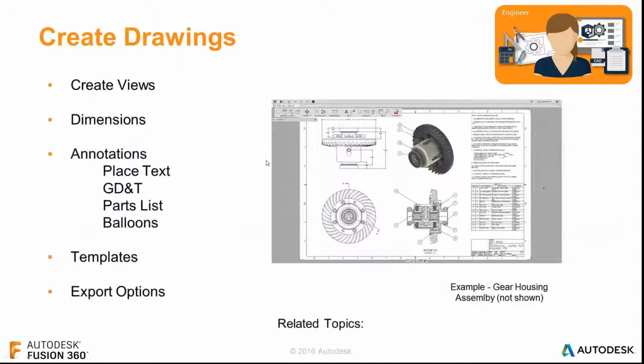The next thing we're going to look at is a little bit about drawings and how Fusion works. So Fusion 360, like Inventor and SolidWorks, Creo and all the other tools, generates its 2D drawings from the 3D model. This is the area which most people view as Fusion's greatest weakness.